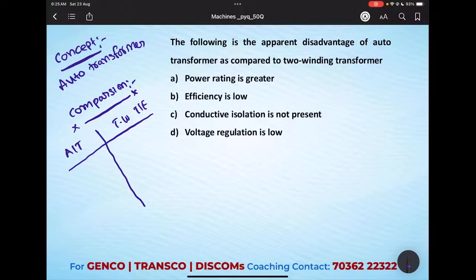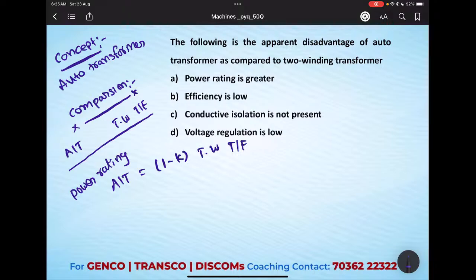What are the given options? First is power rating. We'll compare the power rating. In auto transformer, the power rating of auto transformer is equal to the 1 minus k times of 2 winding transformers.